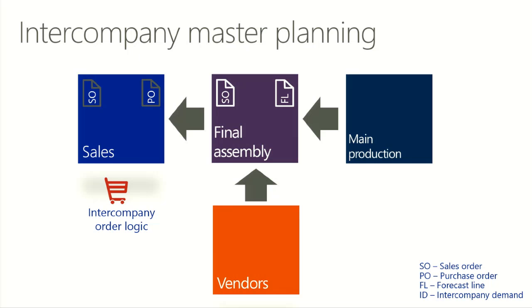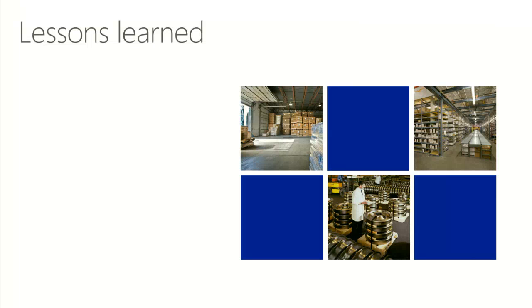So now we have the forecast line from Germany. By running master planning, it created my intercompany demand, and that again created my production order for the component that I needed. So this kind of concluded the full flow, and we have a few lessons learned here.